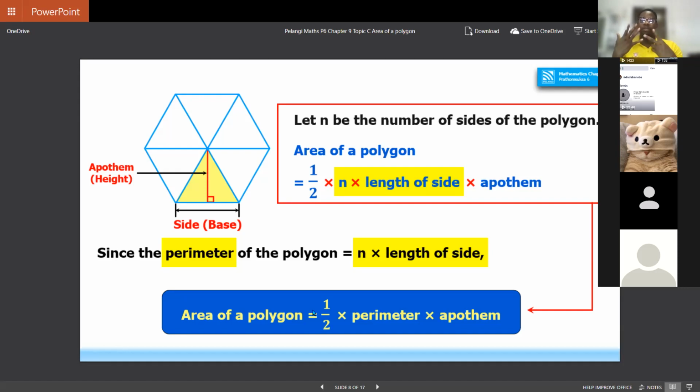Going by that question, you will use formula 2 because it has perimeter in the question. So it depends on the question given. If you have a question about perimeter, you can use the second formula. If you have a question about the number of sides, then you can use the first formula.